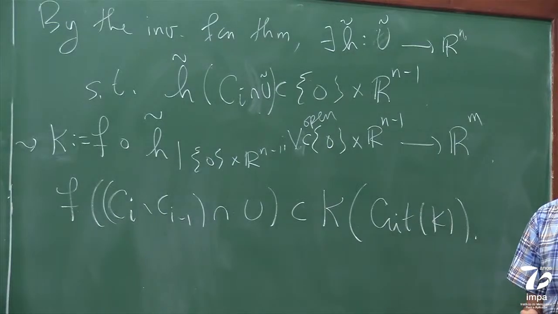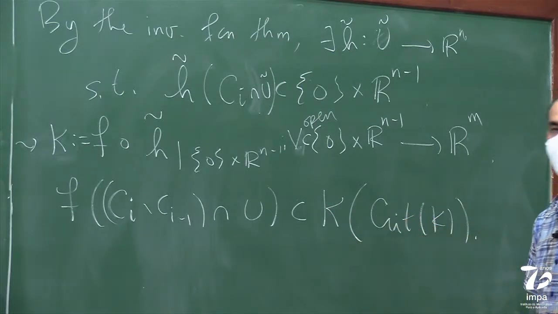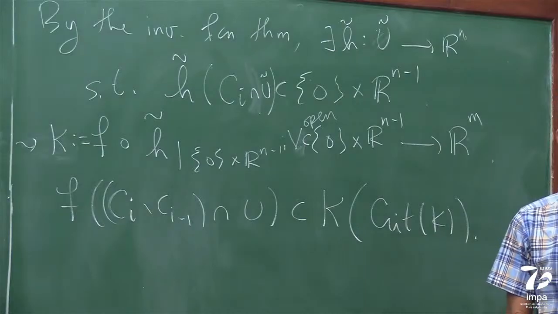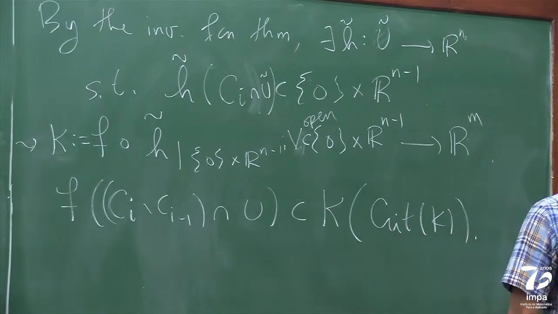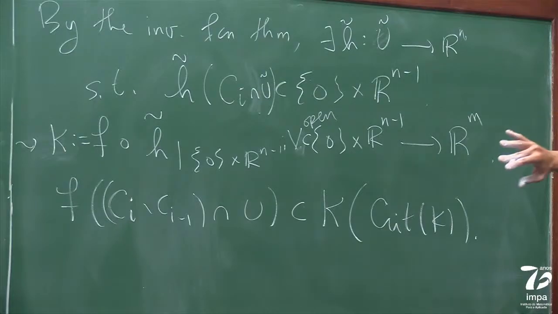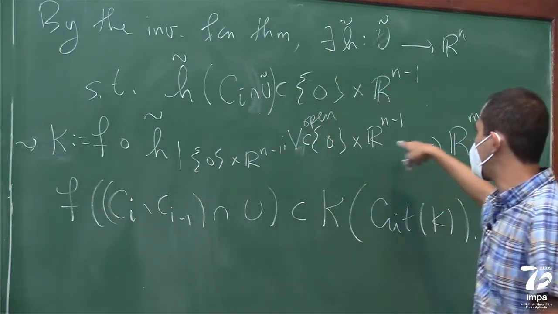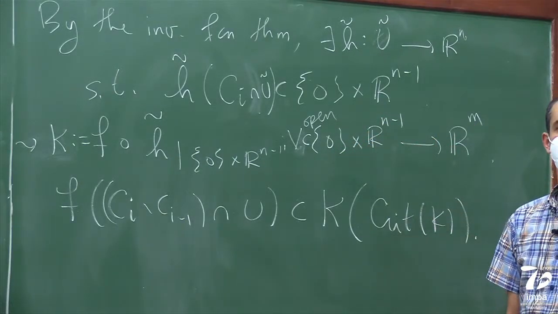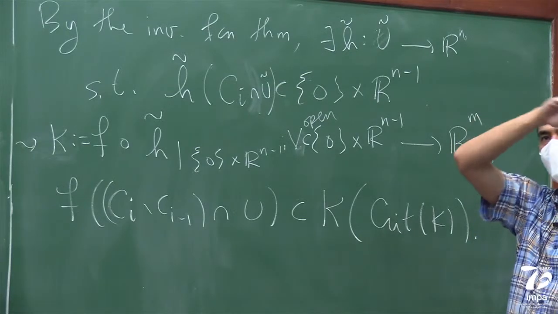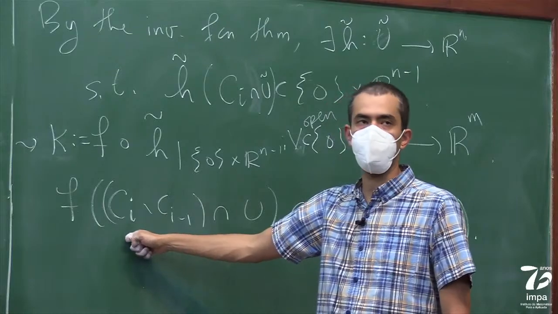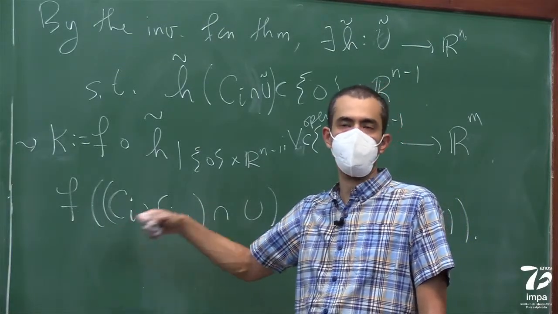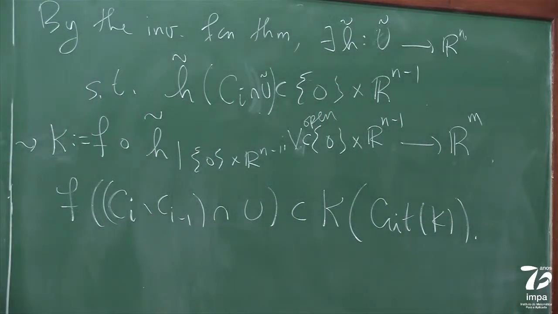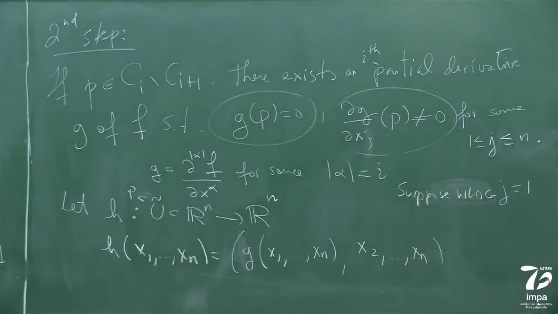This follows from the fact that this H tilde is a local diffeomorphism. So what I'm saying is, I can change this function f to another function that is actually just a function from a hyperplane into Rm, because I'm only looking at the set of points where one derivative goes to 0. Here I'm using this condition, and I'm using this condition here to have the local diffeomorphism.